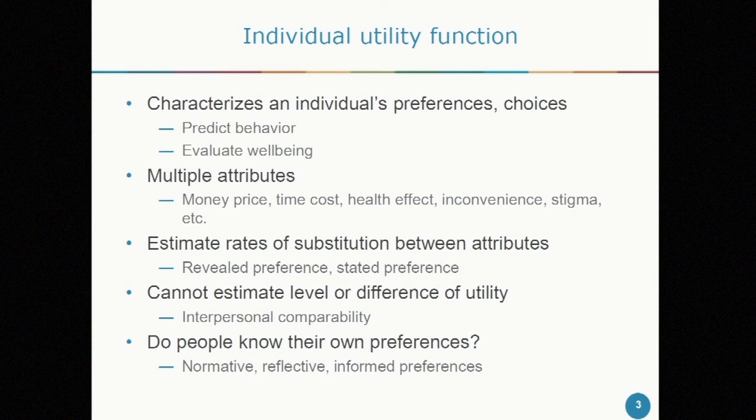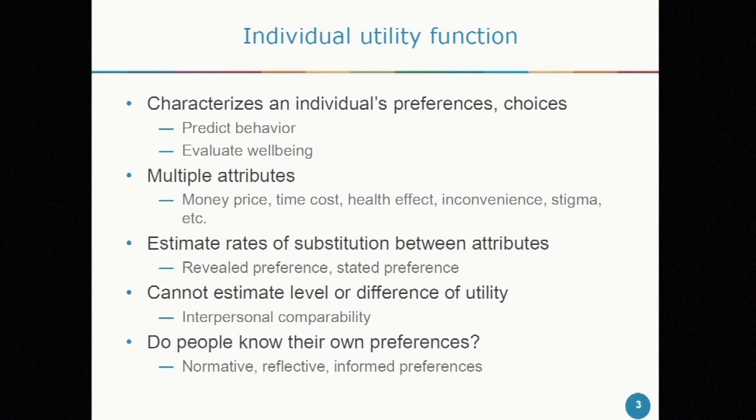Okay, so what I want to talk about is how an economist would model these things. We have the concept of individual utility functions, which represent individuals' preferences, which we often take to be roughly the same as their well-being.